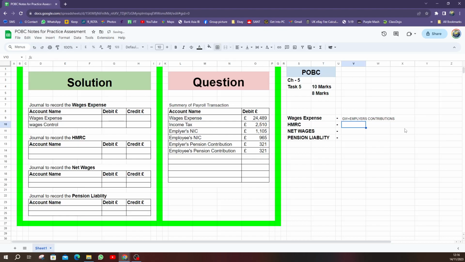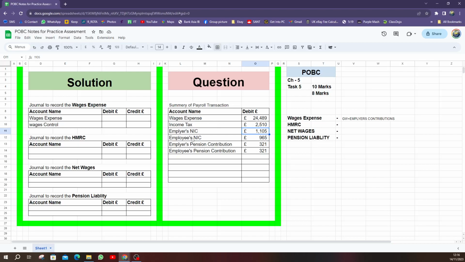For instance, if we have gross wages, then we need to add this NIC and this pension. These are all the employer's contributions basically, but it's already added there. That's why it's already the wages expense.